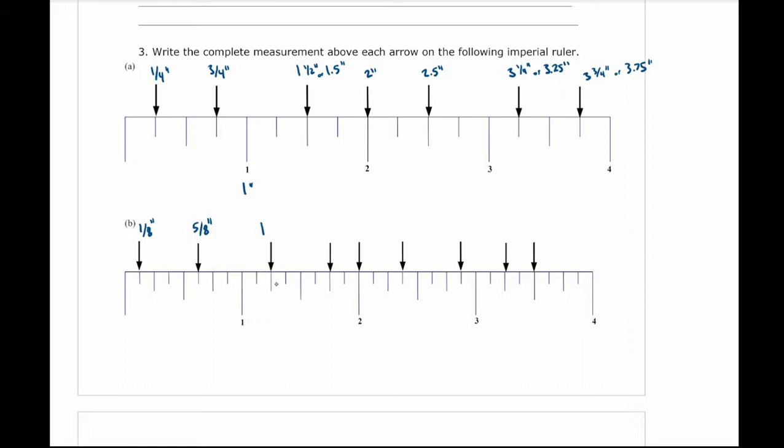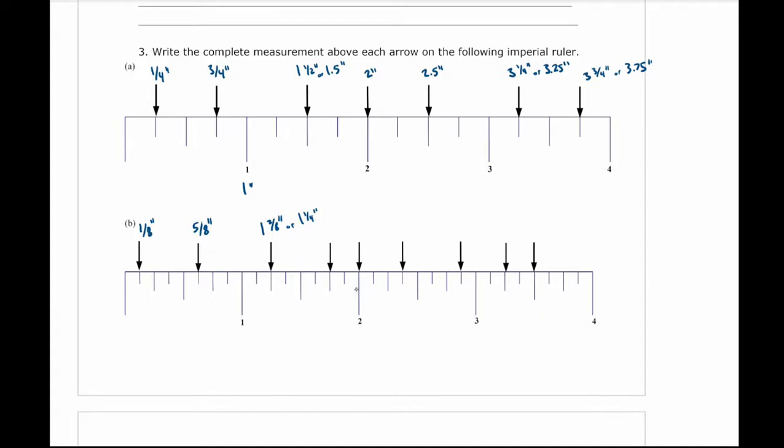So 1, 2, we know the smallest unit is eighths, so we can say 1 2/8 of an inch. Or, because we're familiar with reducing fractions, 2/8 is the same thing as saying 1 1/4. So we could say 1 1/4 of an inch.